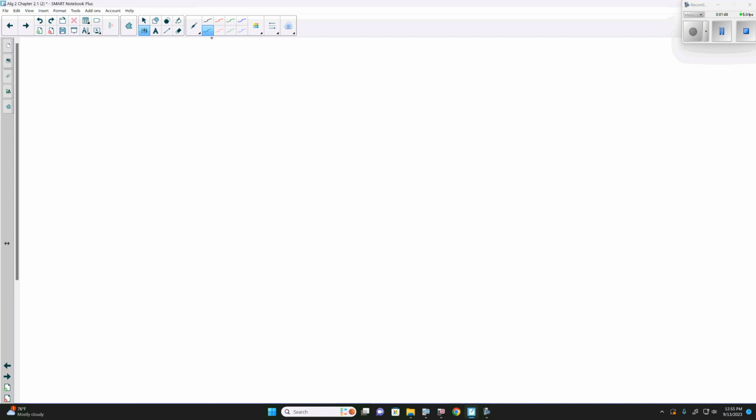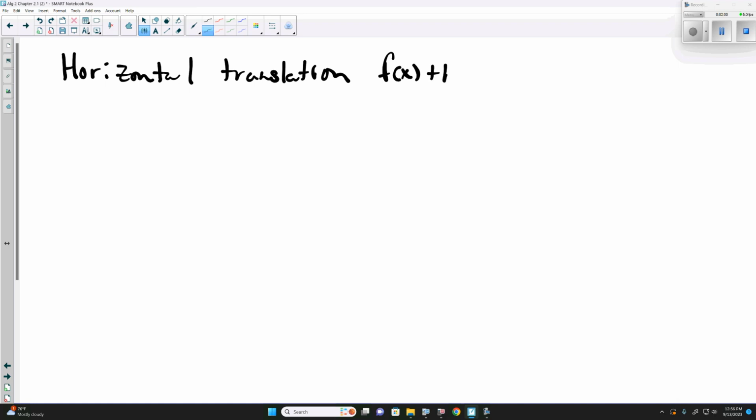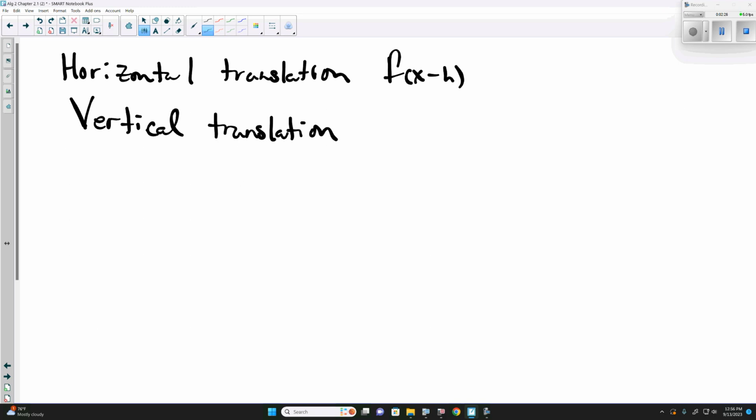When we talk about a horizontal translation, to apply that transformation we use the notation f(x - h) to apply the transformation to the function. Whatever left or right movement we have is the value of h. Then we have the vertical translation, which is f(x) + k.